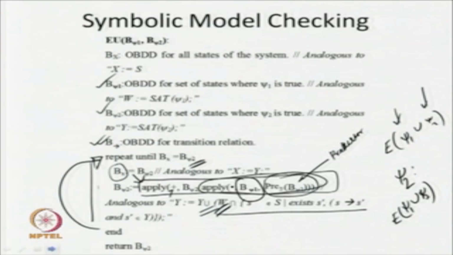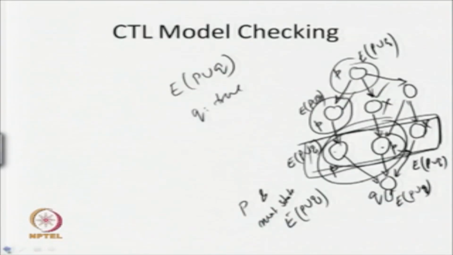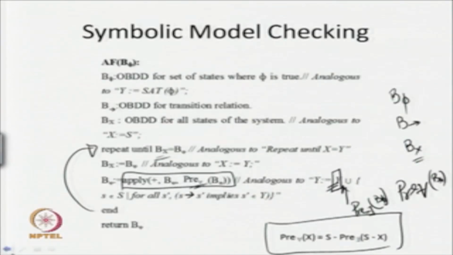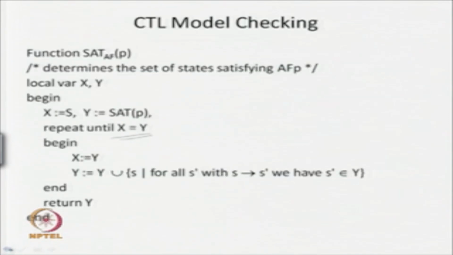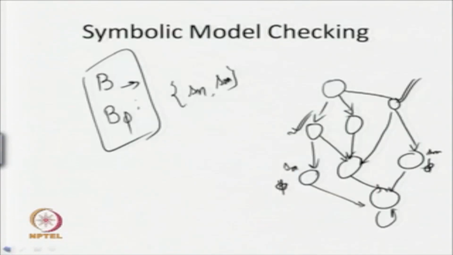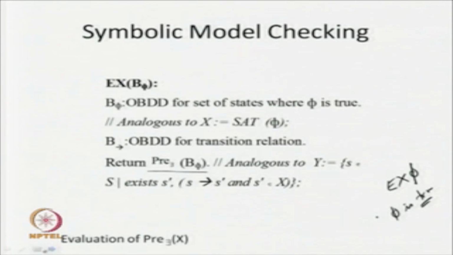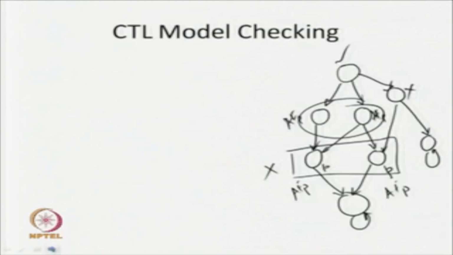So, you just see that all these three operators, what are the operators that we are talking about? Here three operators we are talking about. One is E x phi, A f phi and E phi 1 until phi 2.